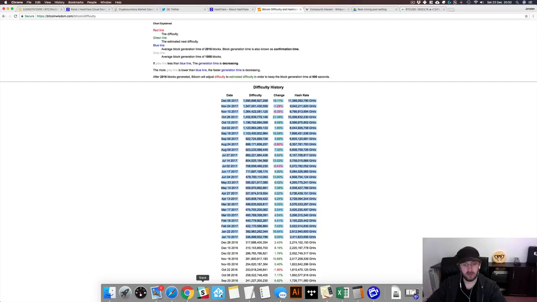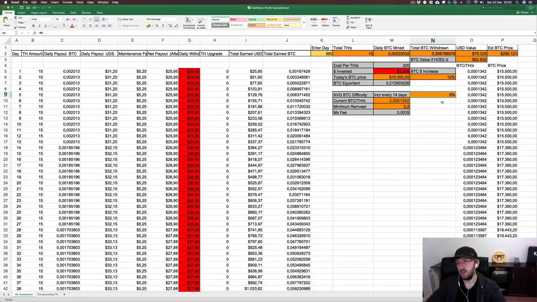But just to be sure, we can use the 8%, and that will be it. So that's where these numbers come from. This is what happened in 2017, but I think myself that it's not going to happen next year. I will put more conservative numbers here, so I will use 6% and 6%. As you know, the difficulty should be on par with the price: if the price goes up, usually the difficulty also goes up.